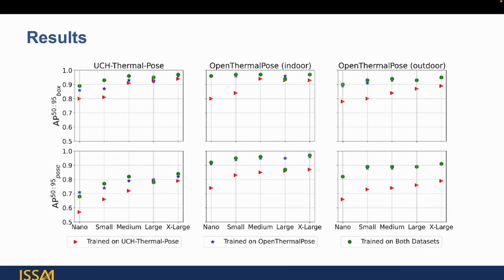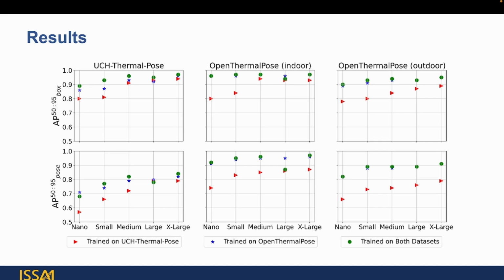The figure presents a comparative analysis of the YOLOv8-Pose models trained on the UCH-ThermalPose, OpenThermalPose, and a combination of both datasets. The figure illustrates that models trained on our OpenThermalPose dataset consistently outperform those trained solely on the UCH-ThermalPose dataset across all tests and metrics.